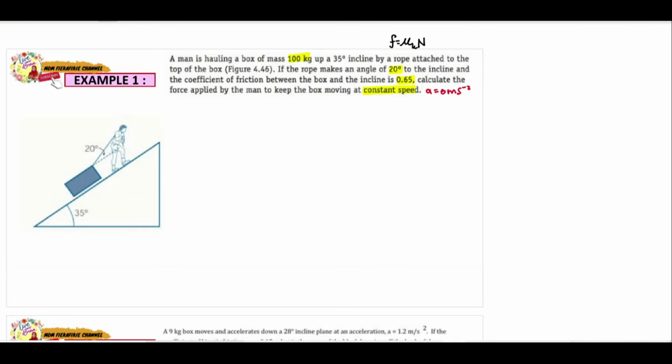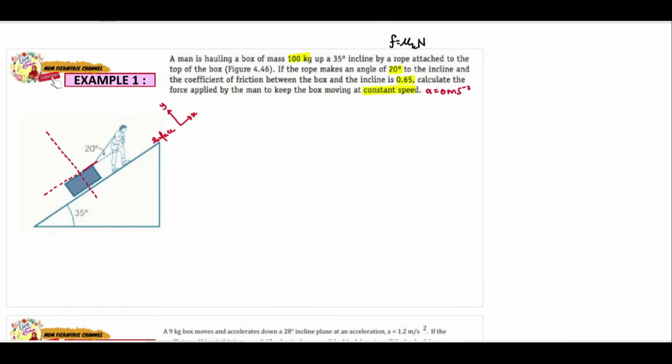So means that this is the surface. Objek itu bergerak di sini. So this surface is the X component, the X axis, and then the component that is perpendicular to the X axis should be Y component, Y axis. Okay, so now on the diagram, saya akan lukis macam inilah. So this is X and this is Y.